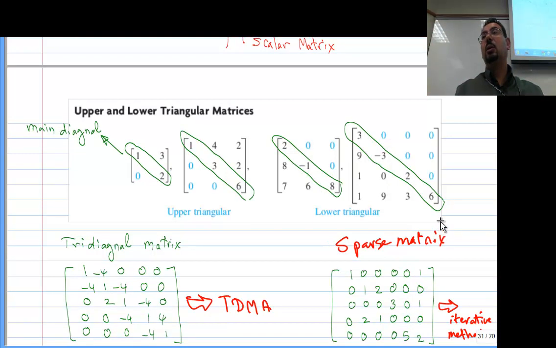We'll see how. This is going to be very convenient for solving equations. If you are lucky enough to get a system like this, you will see how easy it is to solve the equations because of it. So what is a triangular matrix? It's basically the diagonal and everything on one side with numbers, and the other side is all zero.